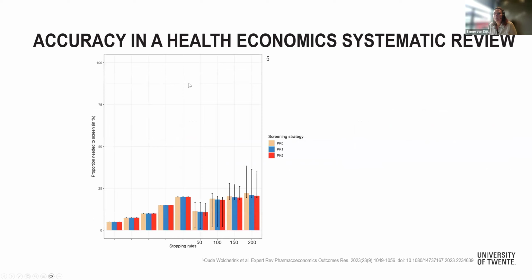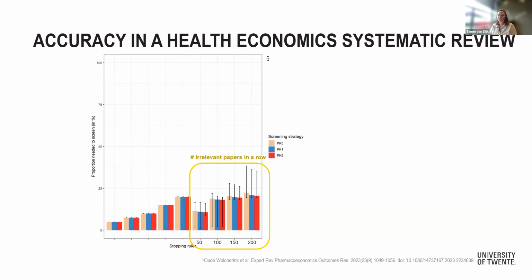So we also calculated what proportion of our abstracts would have needed to be screened using different stopping rules, maintaining 100% accuracy. And you can see from this plot that when you would stop after a consecutive number of irrelevant papers presented to you by the algorithm, varying from 50 to 200, approximately 10 to 20% of the dataset would really be needed to be screened.